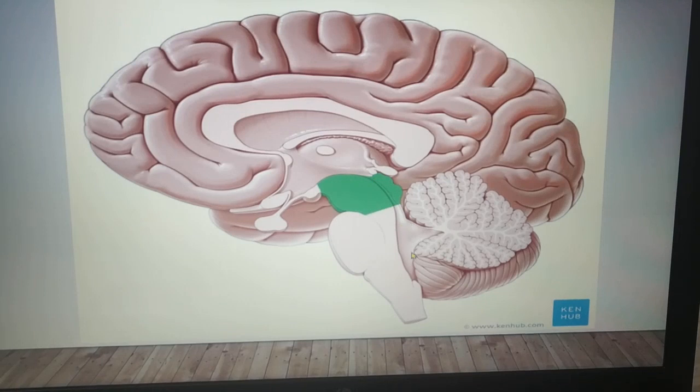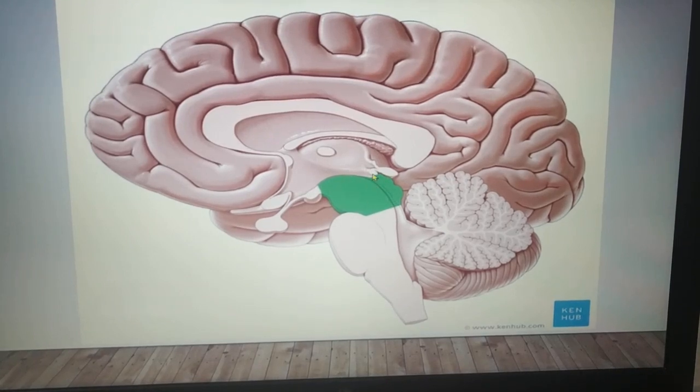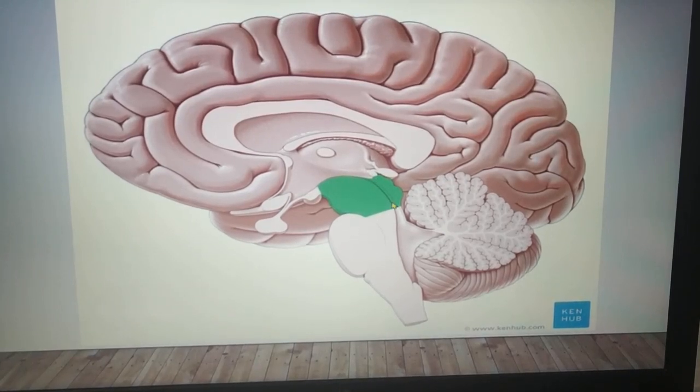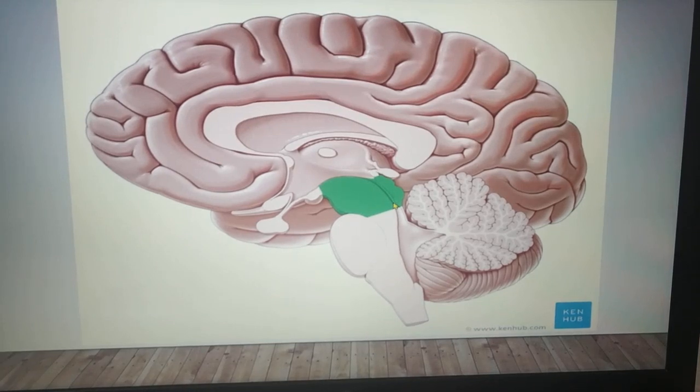The fourth ventricle continues as the central canal of the spinal cord. Altogether, we know the function of ventricles. So, this green colored region is the midbrain, and its aqueduct is called the cerebral aqueduct of Sylvius.